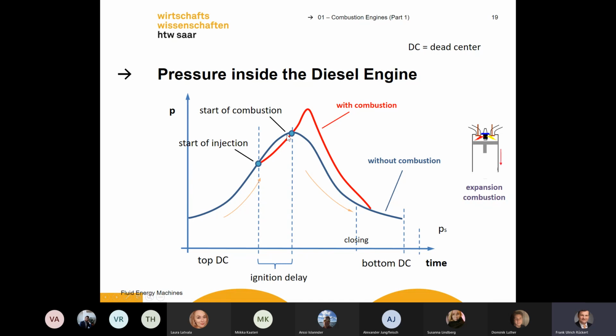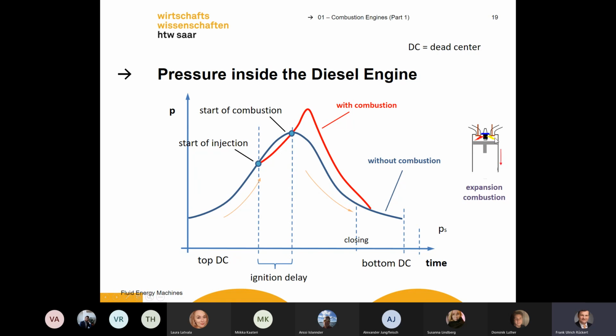And this is now the pressure when the valves are closed. Yeah, if both valves are closed, this is the pressure inside the piston. If you compress it, the pressure goes up to 50 bar. If you open the piston, the pressure will be about 0 bar.